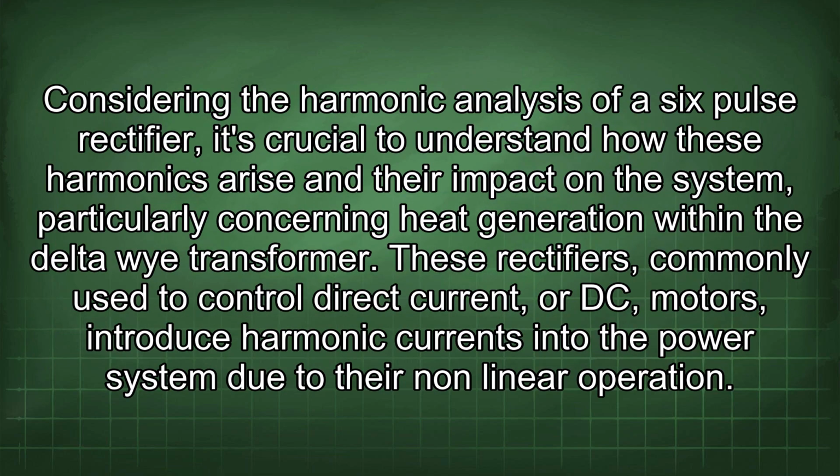Considering the harmonic analysis of a 6-pulse rectifier, it's crucial to understand how these harmonics arise and their impact on the system, particularly concerning heat generation within the delta-Y transformer. These rectifiers, commonly used to control direct current, or DC, motors, introduce harmonic currents into the power system due to their nonlinear operation.